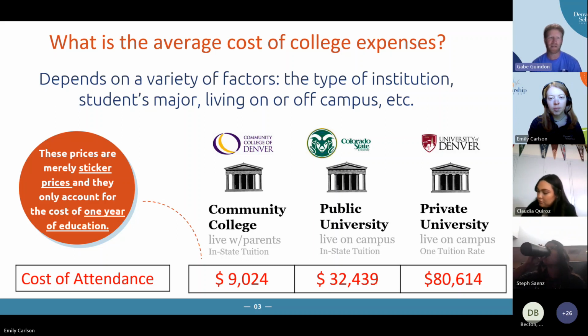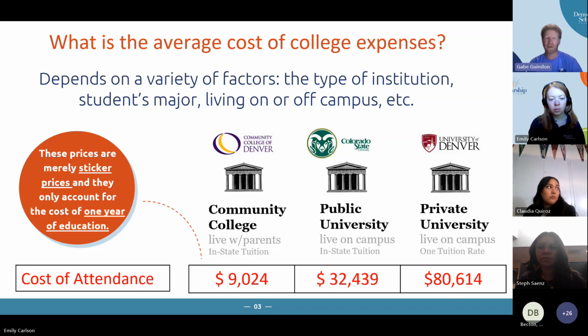They hear that because of these advertised costs of attendance, or sticker prices. But the entire goal of our financial aid workshops and of the financial aid system in general is to reduce those costs, to make the institutions affordable for students.